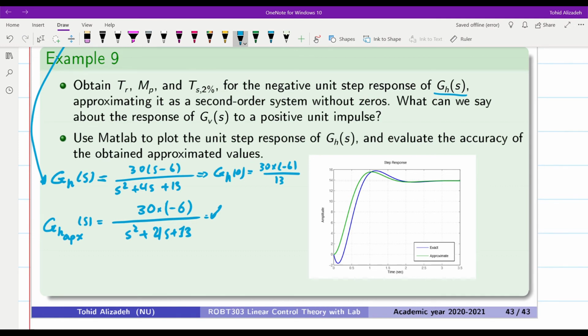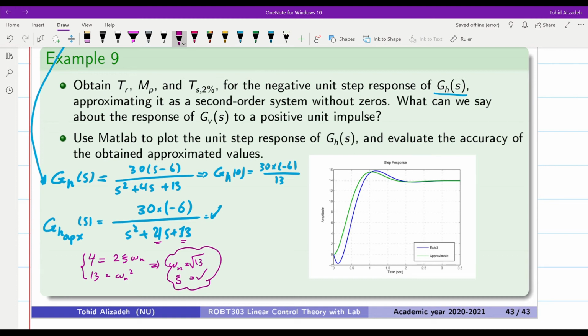We can find out the required step response parameters, TR, MP, and settling time, by referring to the values that we can get for zeta and omega n. So 4 is equal to 2 zeta omega n, and 13 is equal to omega n squared. Out of this, we can find out omega n, square root of 13, and the value for zeta.